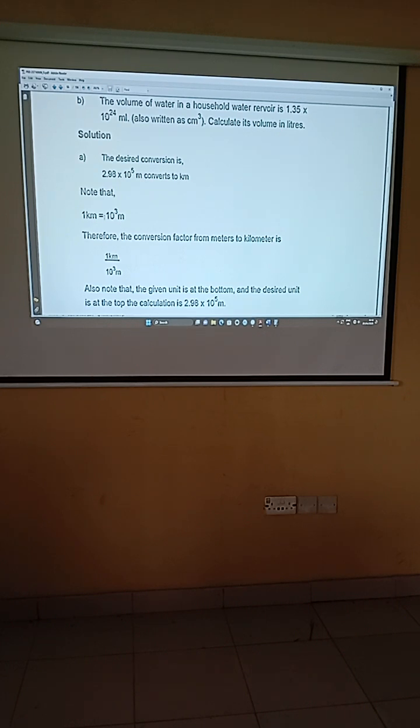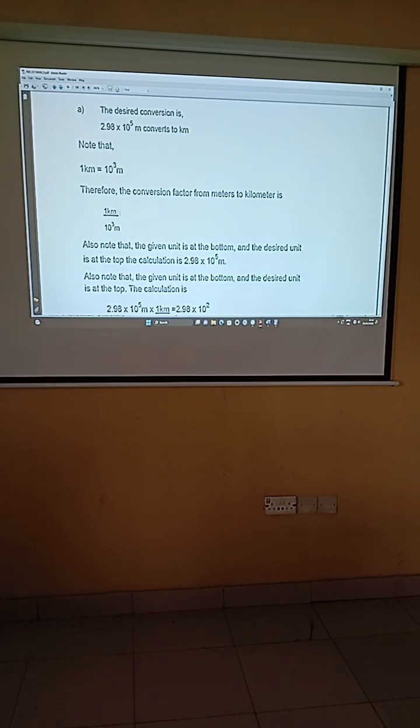Note that 1 kilometer is equal to 10 to the power 3 meters, which is true. That is 1000 meters makes 1 kilometer. We checked that in our previous lessons. Therefore, the conversion factor from meters to kilometer is 1 kilometer to 10 to the power 3 meters.